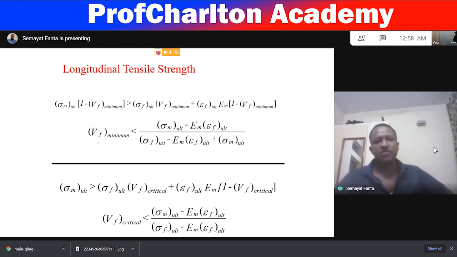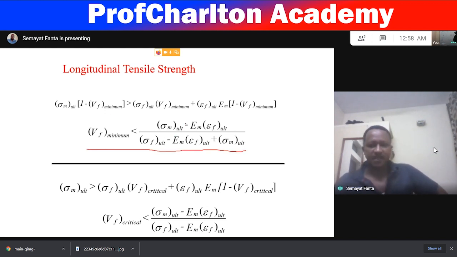Actually, there are two values of fiber volume fraction. The minimum fiber volume fraction required is given by this formula: the ultimate stress of the matrix, minus the modulus of the matrix times the ultimate strain of the fiber, over the ultimate stress of the fiber minus the modulus of the matrix times the ultimate strain of the fiber, plus the stress of the matrix. And for the critical fiber volume fraction, there must be some limitations in the design.